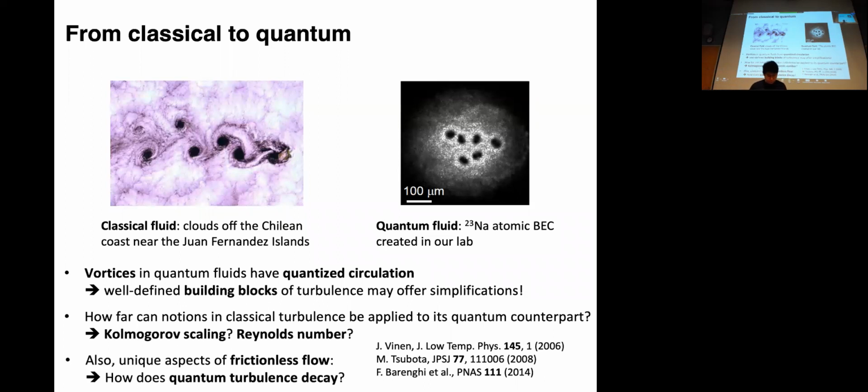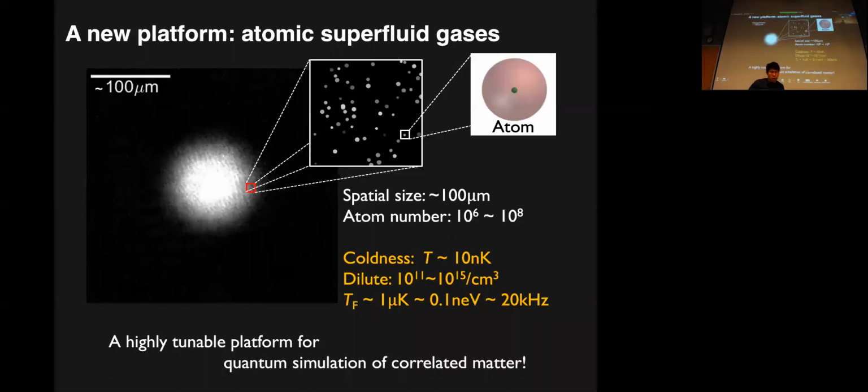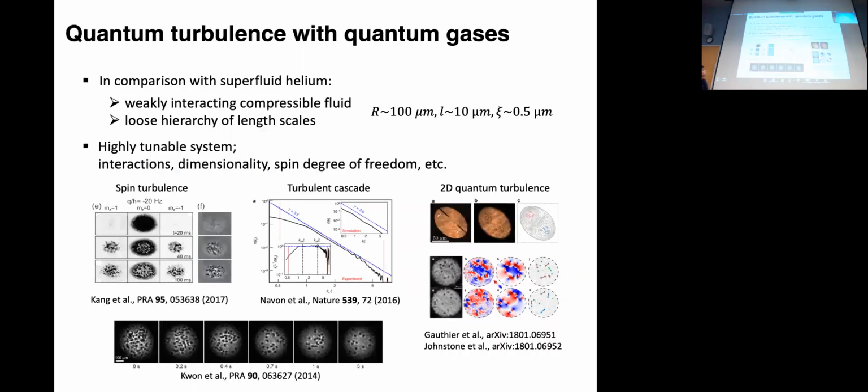So, as we've heard earlier in this week, the study of quantum turbulence shares its timeline with the study of superfluid helium. And now with the advent of these trapped ultra-cold gases, we are also very interested in studying the behavior of quantum turbulence in our superfluids.